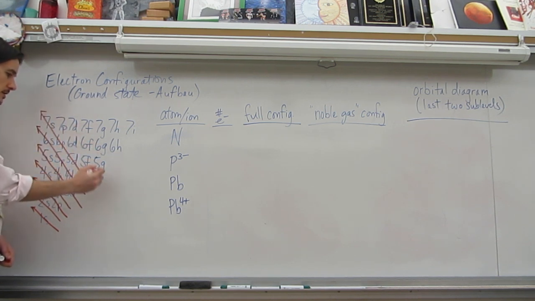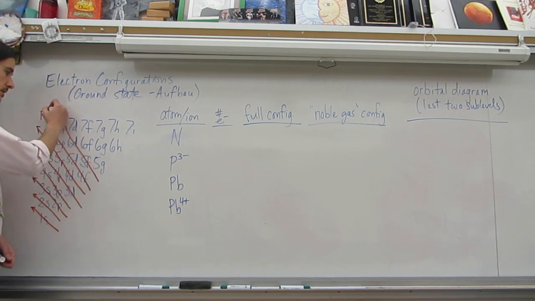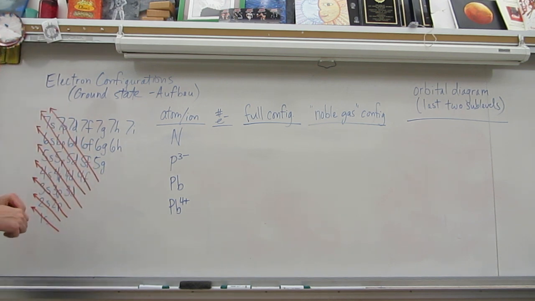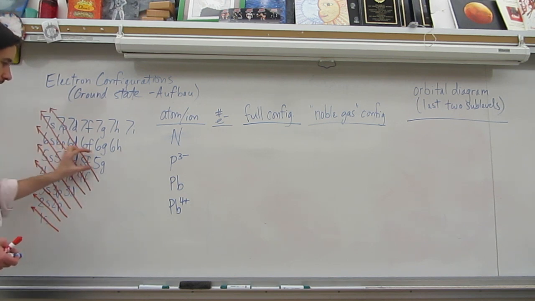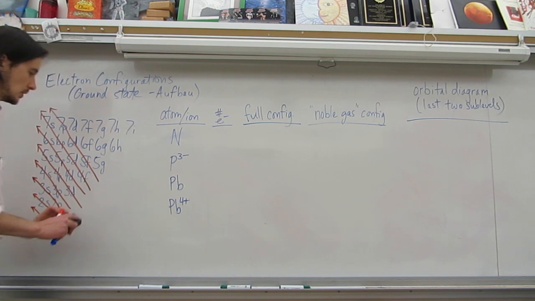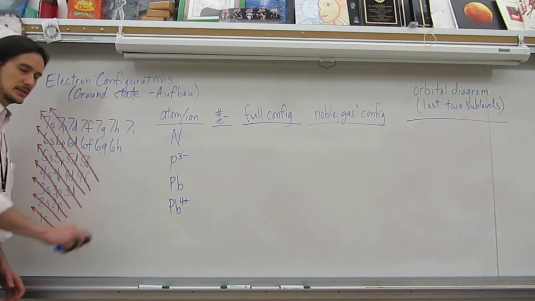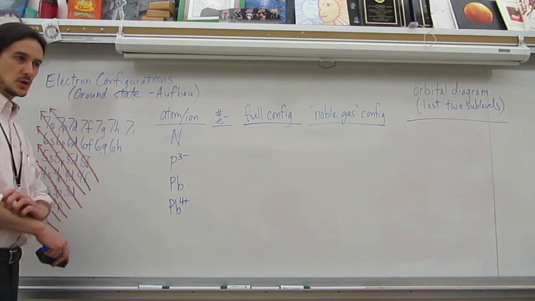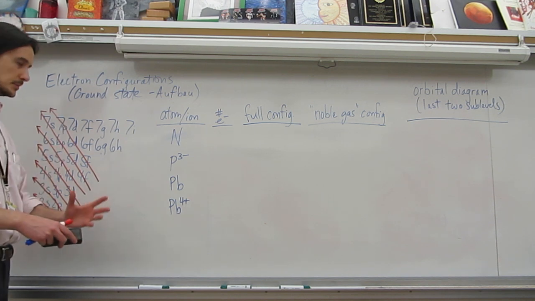We go here, and we go here, and actually 7p is going to take us to the end of the periodic table, or element 118, so we don't need all the rest of these. I wrote them to point out that the 5th energy level does have 5 sublevels. We just never talk about 5g. We don't have any elements that have electrons in a 5g sublevel.